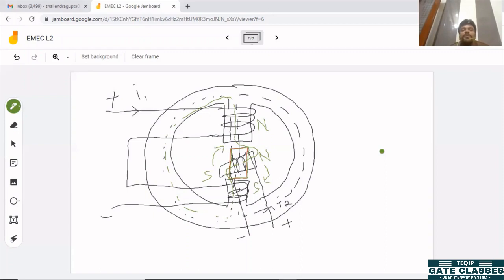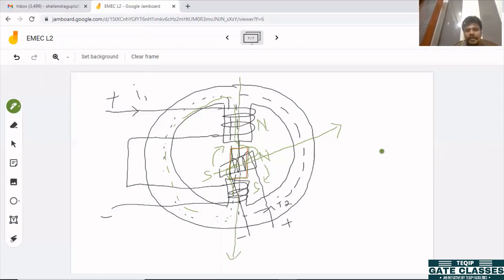Both magnets want to align with each other. This is called electromagnetic torque. So here electromagnetic torque expression you can very easily write down. So this is the angle. Let us say this is the axis of rotor pole, and this is the axis of the stator pole.